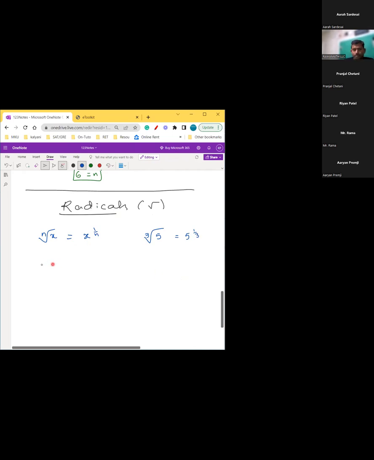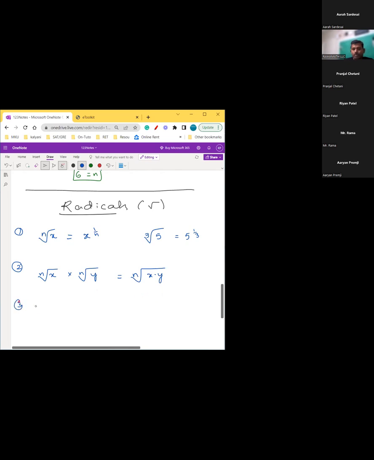Now, another rule on this one. This is the first rule, and then the second rule on the radicals is if I have nth radical x and I multiply it with the nth radical y, I can keep that nth radical and then multiply inside them, x and y.